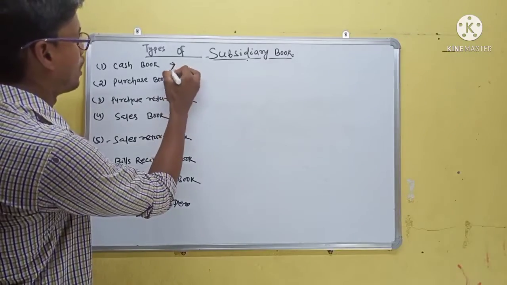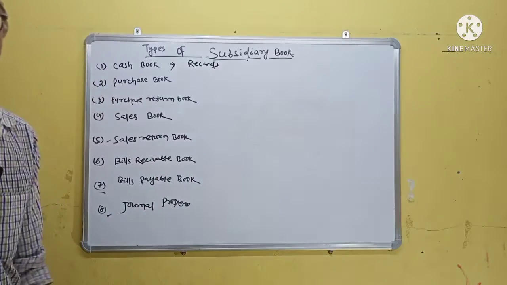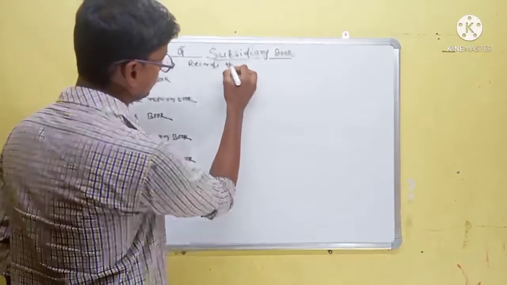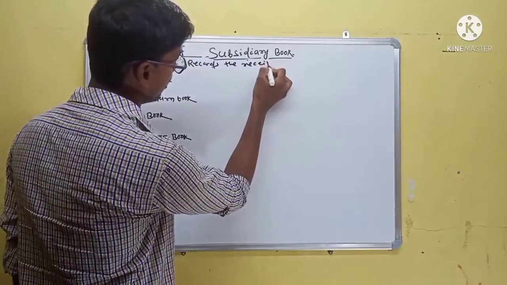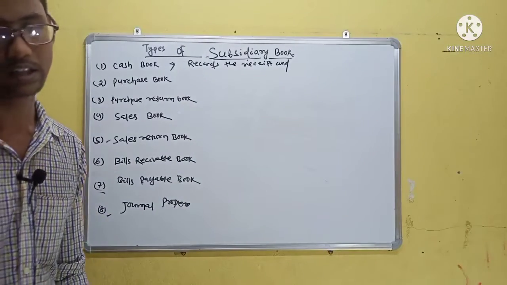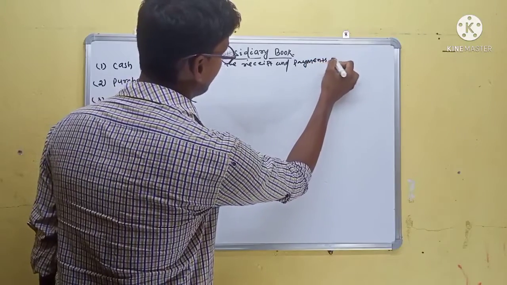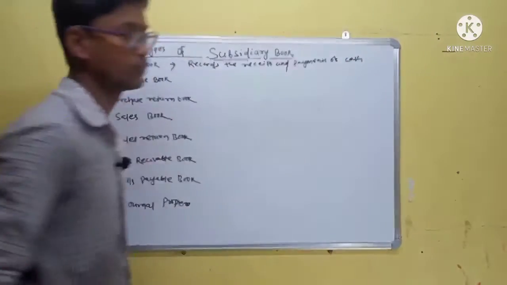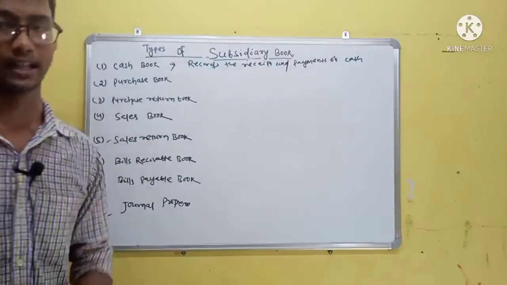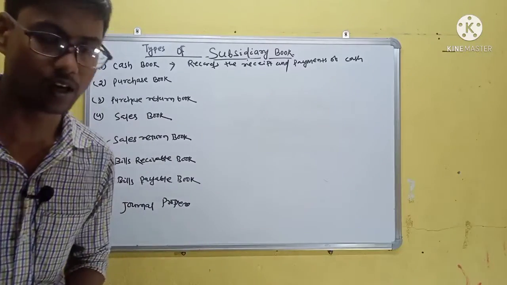Cash book records the receipts and payments of cash. That means it only records cash transactions, that is, receipts and payments of cash.